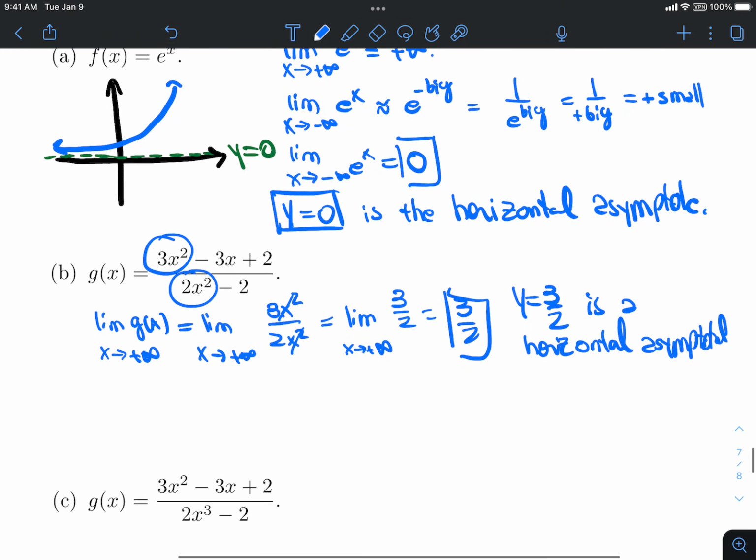We've got to check to see if there's another one on the left side. So we're going to do the limit when x goes to minus infinity. Maybe I can itemize these so it's easier to read. So I do the same thing. X is still getting big, so what happened before with the millions and the thousands still happens now.